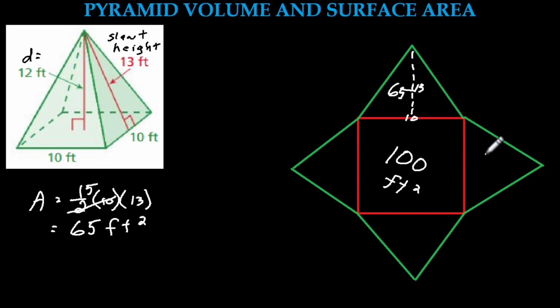So this is 65, 65, 65, and finally 65. And then for the surface area, we just add these all up. So we get 260 plus 100. So the surface area is 360. And surface area is area, so it's feet squared.